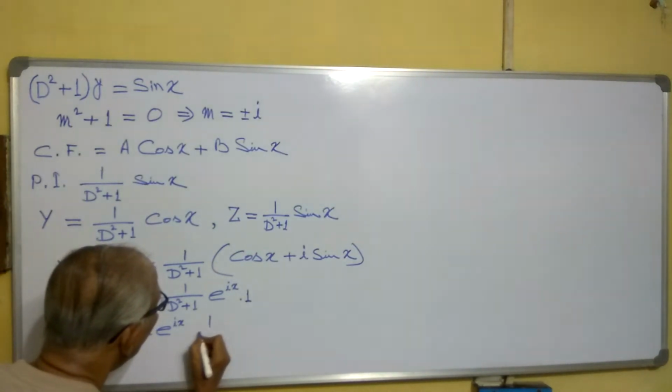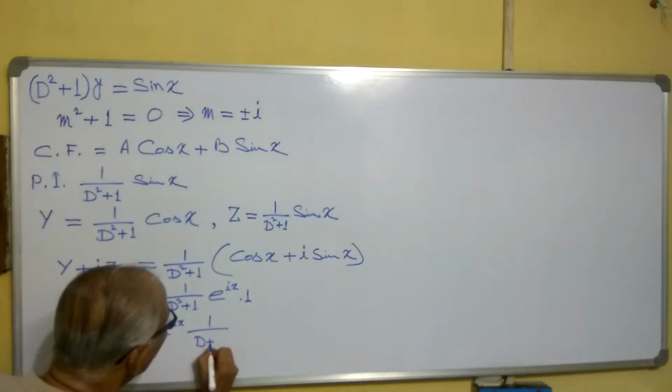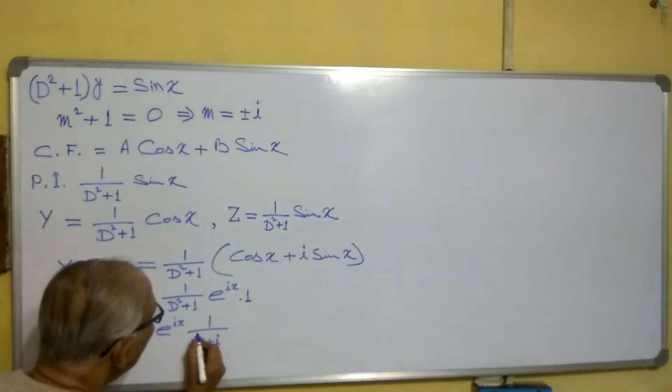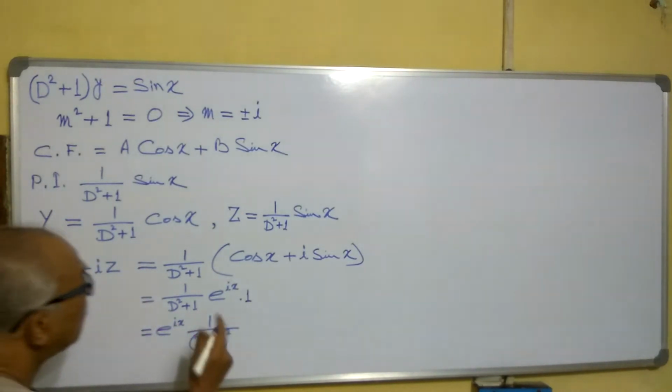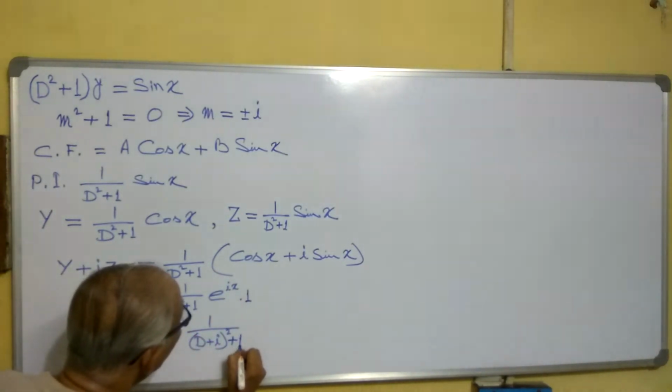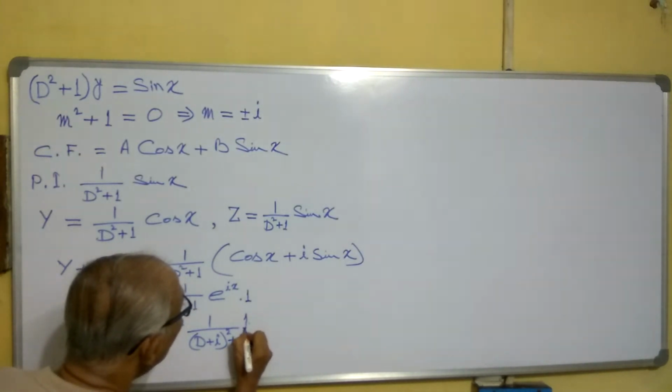into 1 by (D plus i) whole square plus 1 of 1.